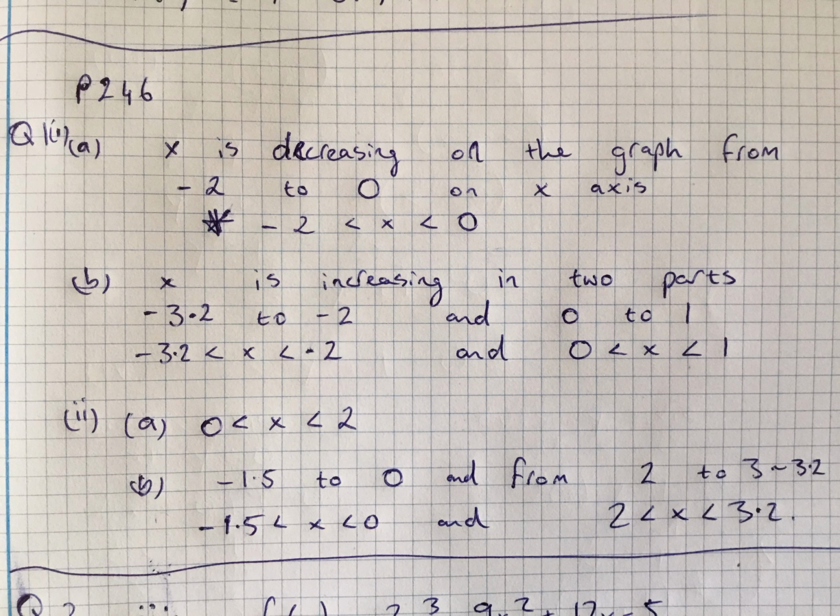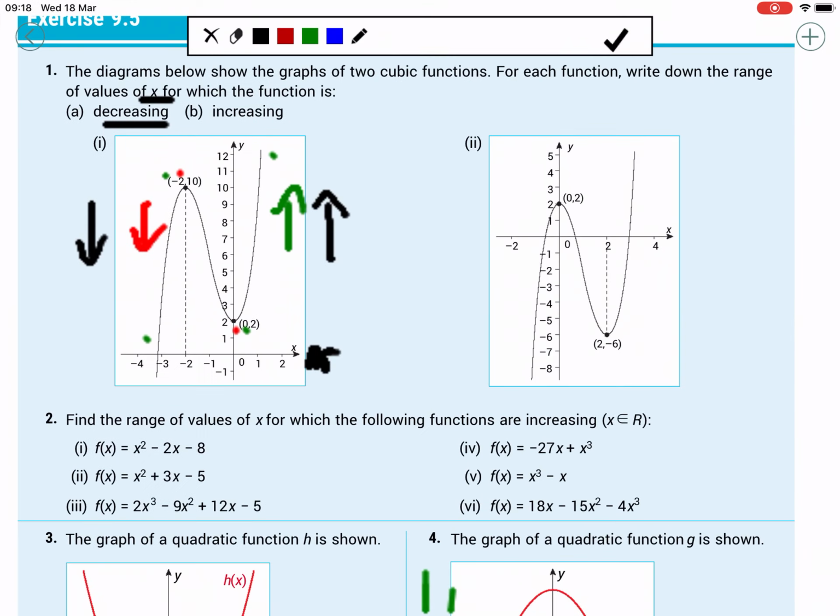So you can see I've done it for part A, and then I've done it again for part B, and you've got two parts. Same idea for part 2. We'll go back and look at the graph for part 2 on the right hand side here. We're doing the same thing, looking for where it's decreasing and where it's increasing. Again, I'll go for red.